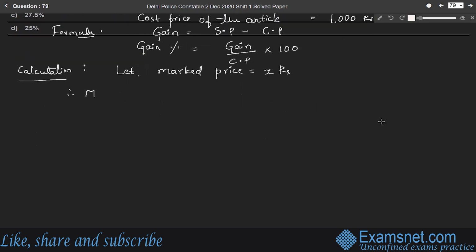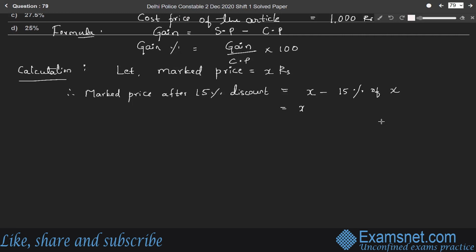Therefore, market price after 15% discount, right? So what will be the market price after 15% discount? It becomes original market price minus 15% of market price, right?